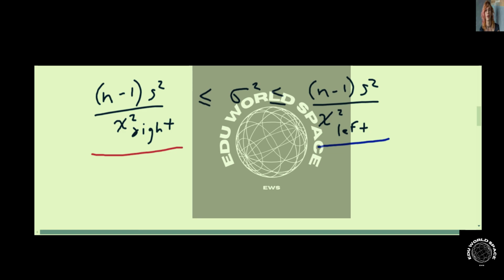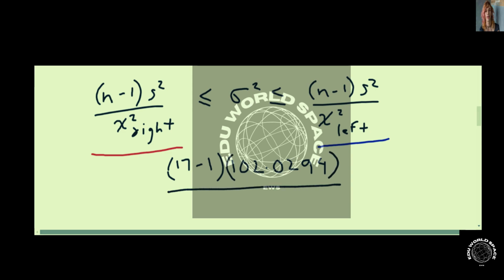So let's calculate the lower boundary first. n minus 1, so here we have 17 minus 1 multiplied by the sample variance, which we found was 102.0294. Let's put this in a bracket too. Divided by the chi-square right value.